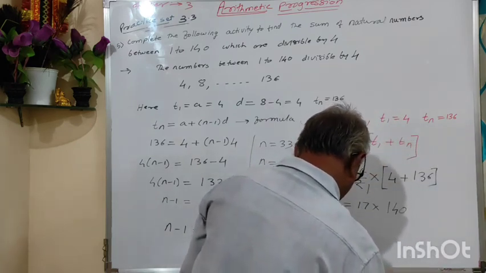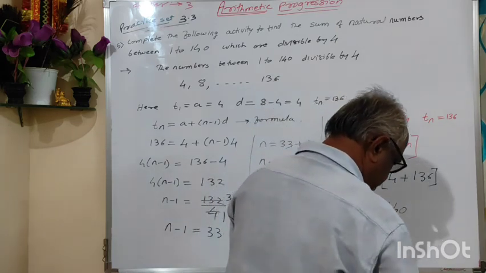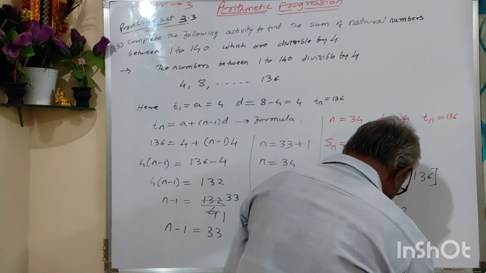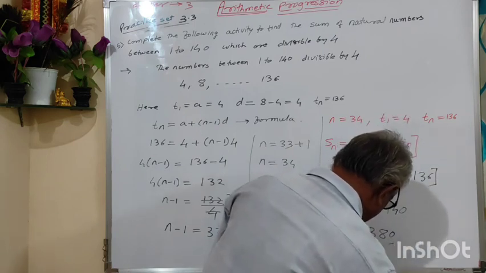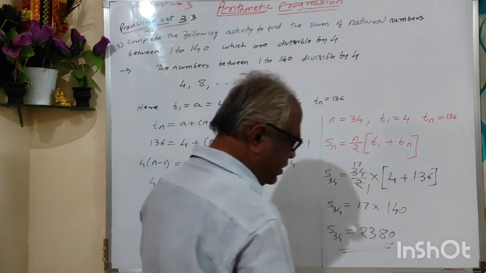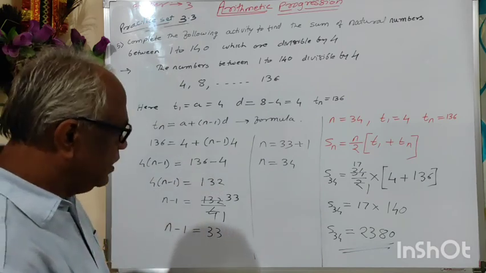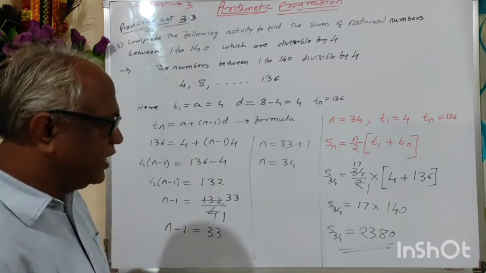So S34 is equal to 17 into 140, that is 2380. This we got as the answer. That is, the sum of the numbers between 1 to 140 which are divisible by 4 is 2380.